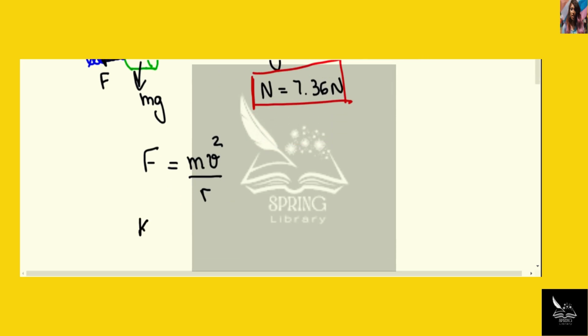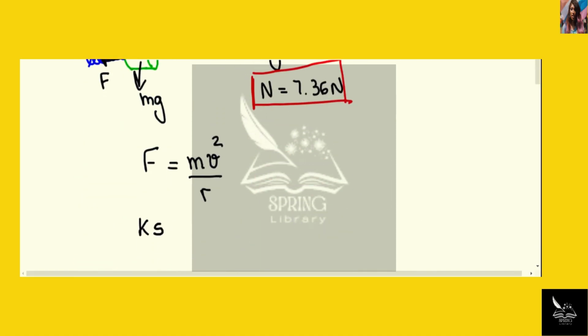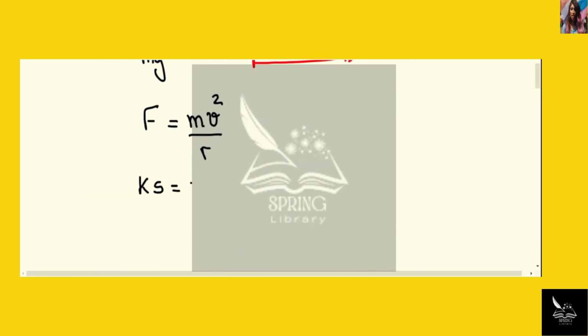Now F is k times delta x, which is just s, which is 100 millimeters, since it's the difference between the stretched position, which is 100 millimeters, and the unstretched position, which is 0 millimeters. And this is equal to m times v squared over R.